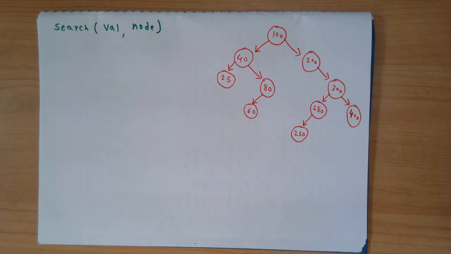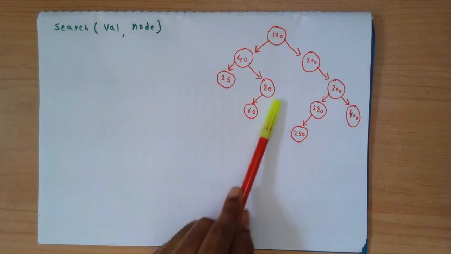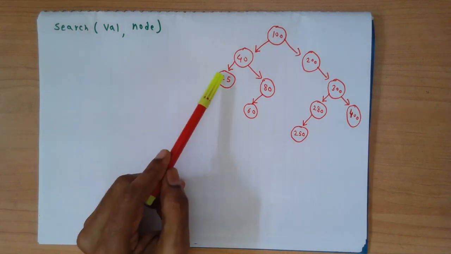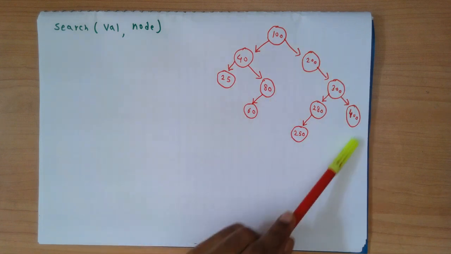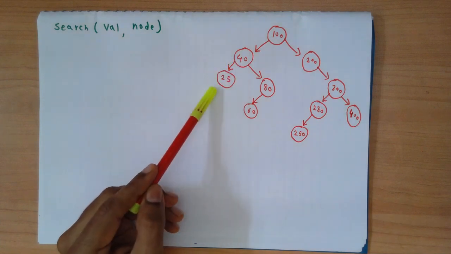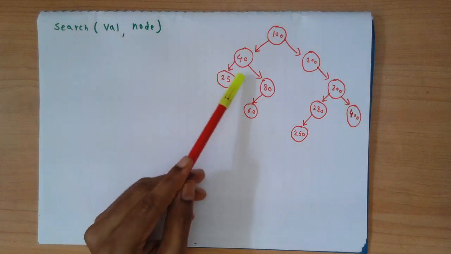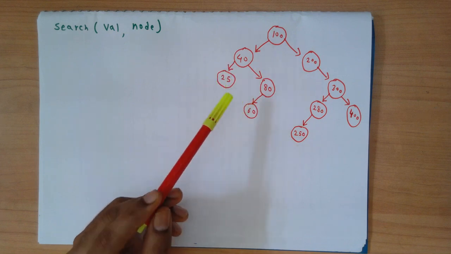Let's ensure that this is a valid binary search tree. Let me take each node and check what happens in the subtrees. If I take 100, every node on the left, 40, 25, 80, 60, is less than 100, and every node on the right is greater than 100. If I take 40, everything on the left, 25, is less than 40, and everything to the right, 80 and 60, is greater than 40.